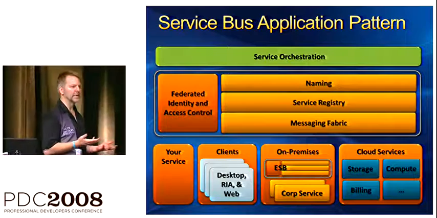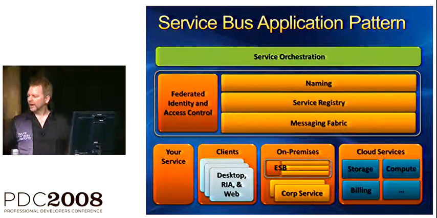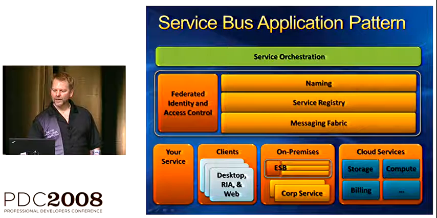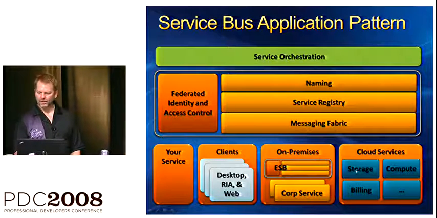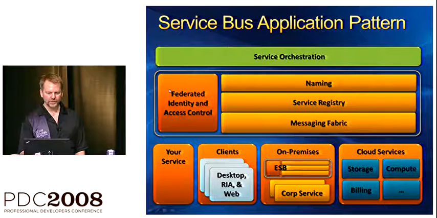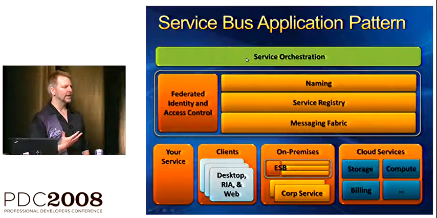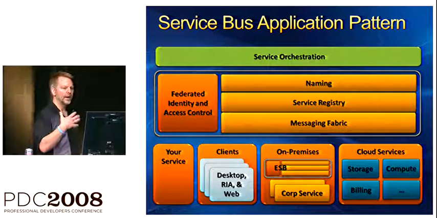So here's the service bus application pattern. At the highest level, you see this notion right here in the middle is an internet service bus, and we can have various kinds of applications on top of that.